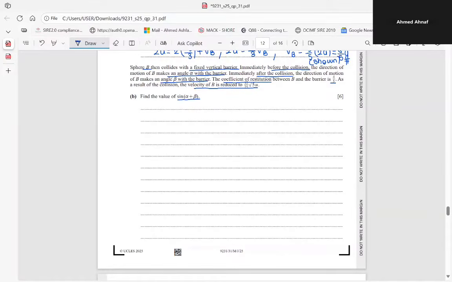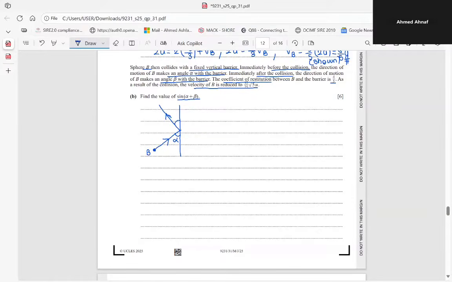Okay, so let's make a diagram of everything that happened. So we'll let this be sphere B. So it says before the collision, direction of motion of B makes an angle alpha with the barrier. And then after the collision, direction of motion of B makes an angle beta with the barrier.